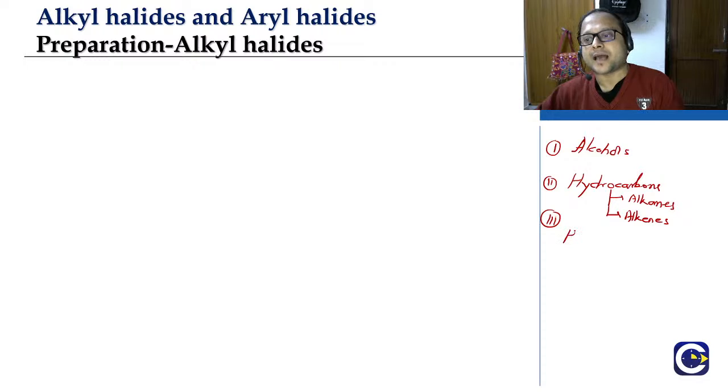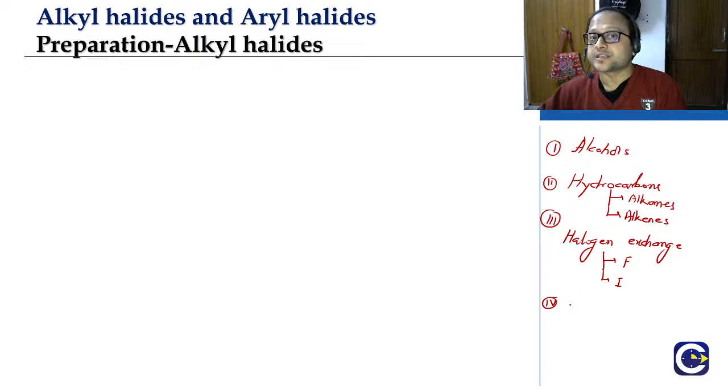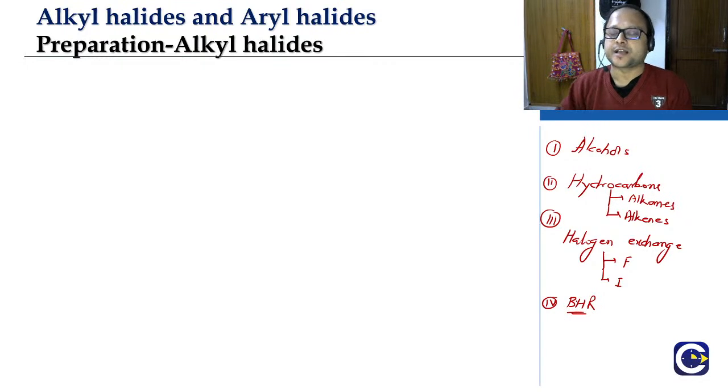Then we have halogen exchange reactions, where we are going to focus on fluorine and iodine preparation, which are name reactions. And there is also a very nice reaction called the Borodin-Hunsdiecker reaction. We'll explore all of them one by one.